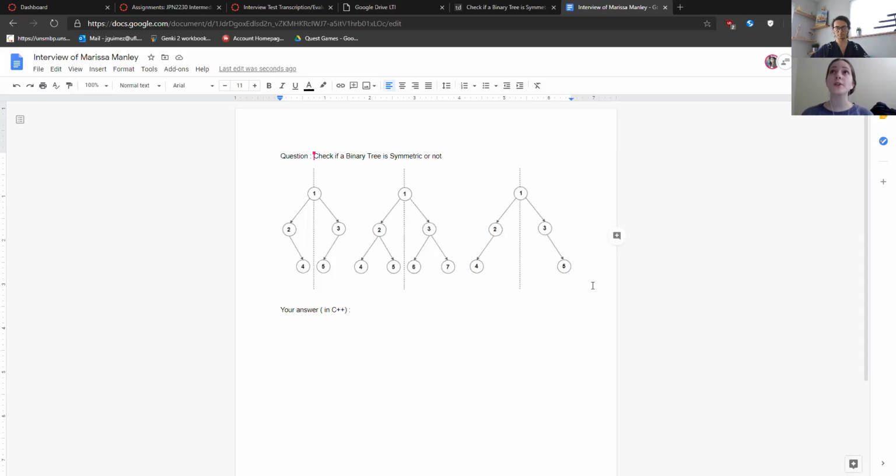Also, I would assume this method probably returns a Boolean. A bool type variable. Yes, and the method name can be check symmetrical. Of course. And I will recursively check if each node has the same number of children, and if they do, check possibly that.